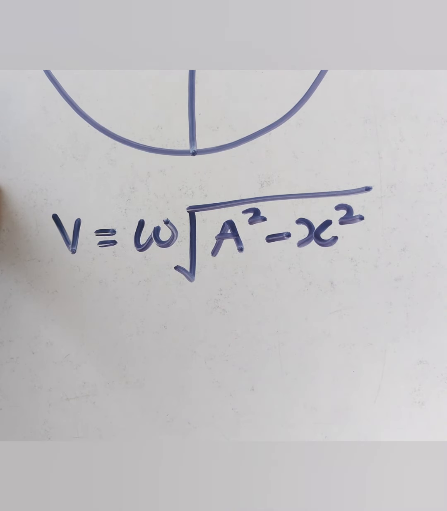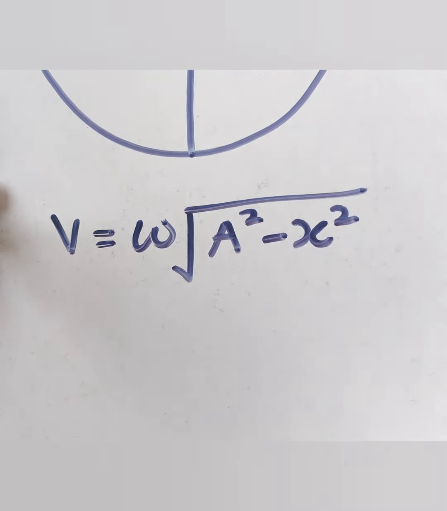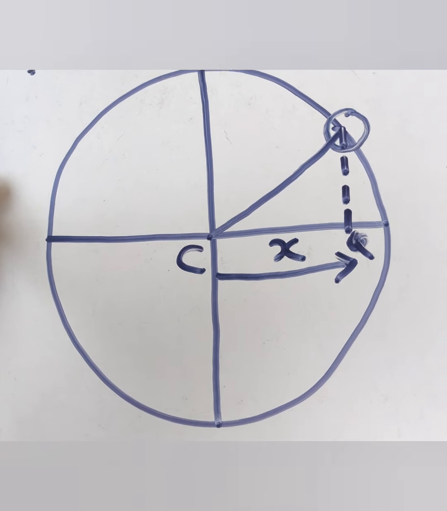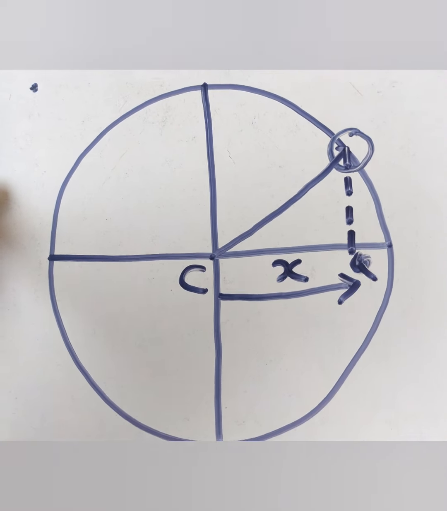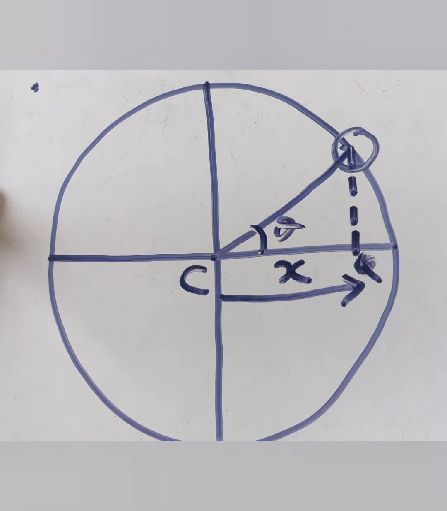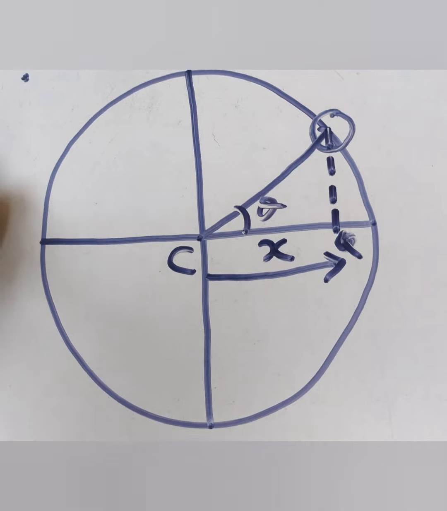What about if I can quickly get the adjacent from our SOHCAHTOA? I can write that if this place is theta, let's go back to the diagram, that is the angle turned is theta, what will be my cos theta?